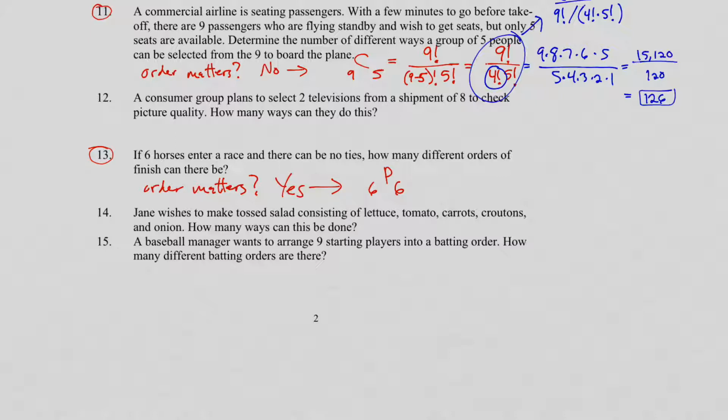We're not going to just say, who was first, second, and third. It's just all 6. So that's the second 6 there. And if you're going to use up all the numbers, then you don't need to divide by anything to get rid of any part of this 6 factorial. So it's just going to stay 6 factorial.